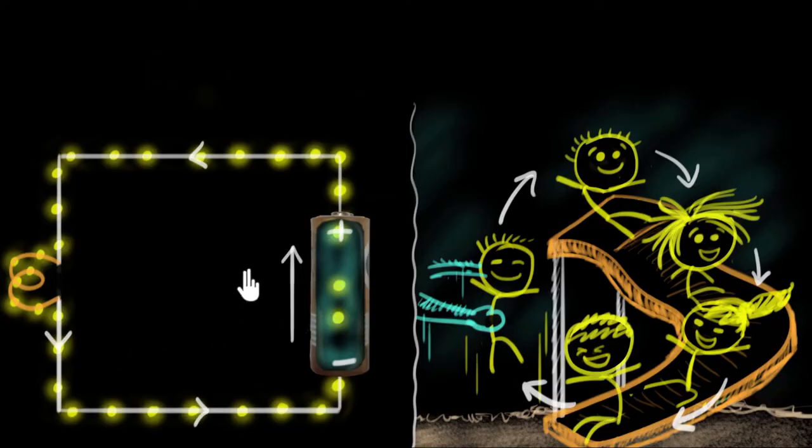Now, to understand what voltage is, let's come back over here. As these kids move down from more height to less height, they gain energy. If this was a very smooth slide, they might have gained kinetic energy. They might speed up. But if this was a rough slide, let's say, then because of the friction between their body and the slide, there is a lot of heat generated.